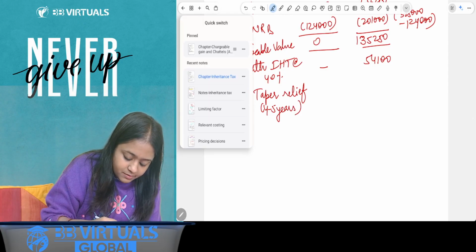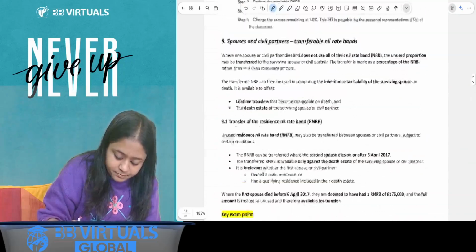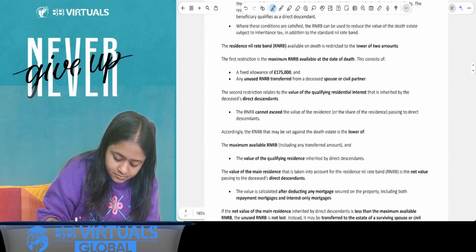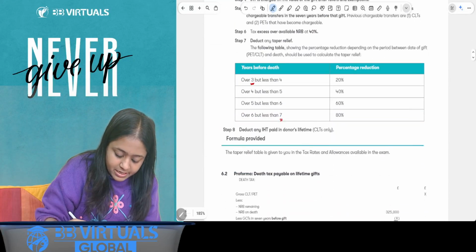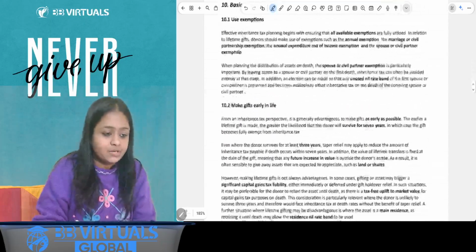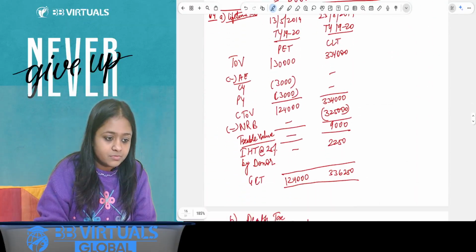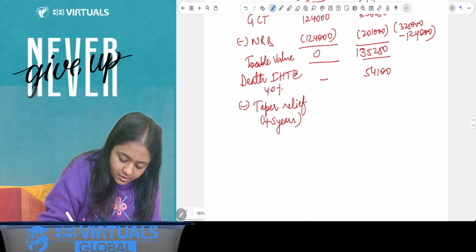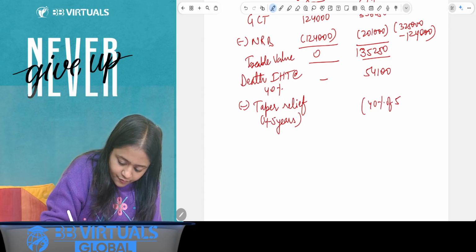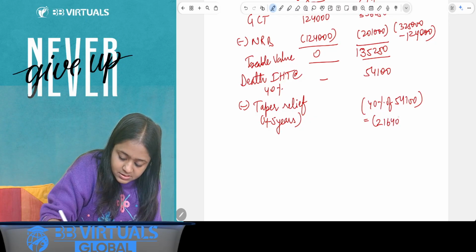Now please check the period. When I see 4 to 5 years, then as per the taper relief, it is 40%, right? So 40% will be reduced. So we will reduce 40% from here. Okay. Now let's, in the question, let's reduce. So 40%. That means taper relief will be 40% of 54,100, which will be 21,640.